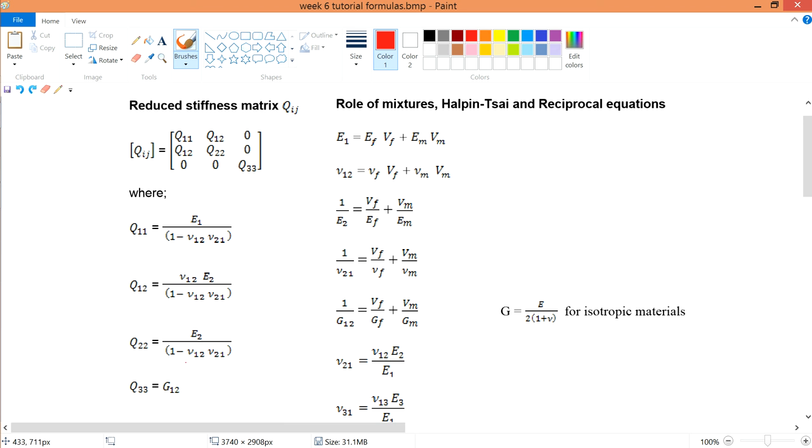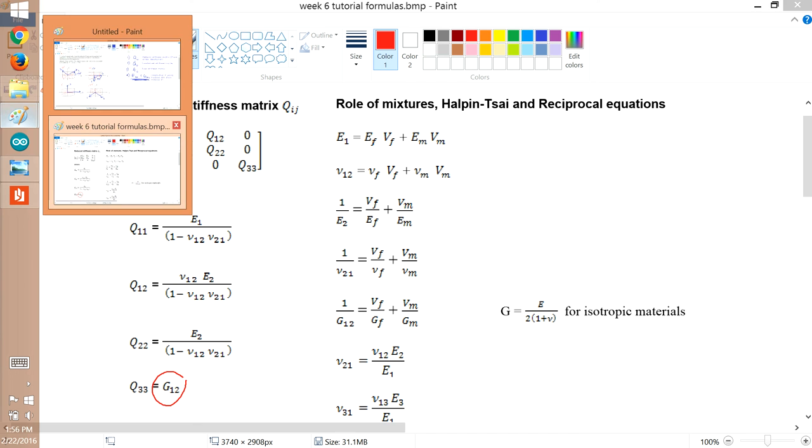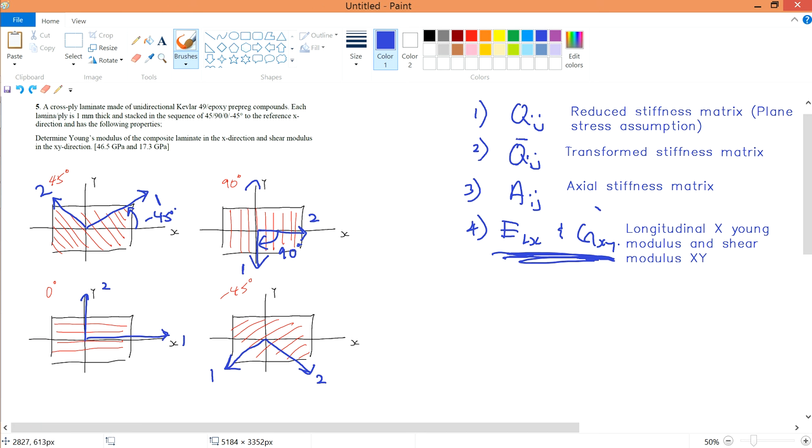Finish. So don't confuse yourself with the shear modulus G12 with our GXY. Our GXY is this one. XY is in the XY direction, 1-2 is in the 1-2 direction. So definitely different, right? So be careful when they talk about the shear modulus in the lamina in the X direction.